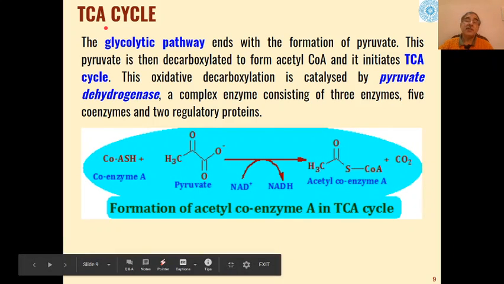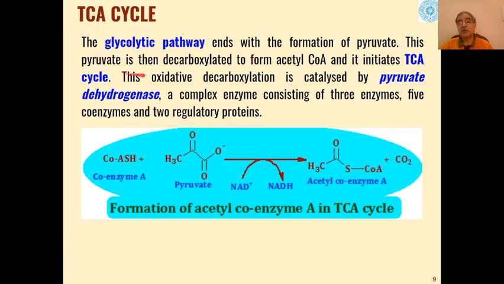Now, for example, in the TCA cycle, we know that the glycolytic pathway ends in the formation of pyruvate. And then this pyruvate is decarboxylated to form acetyl coenzyme A, and then initiation of the TCA cycle takes place.